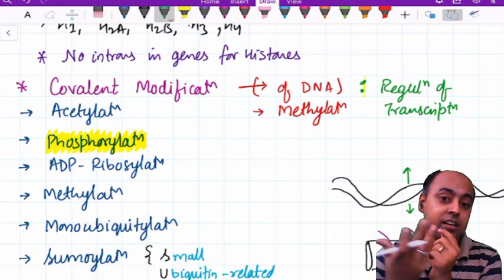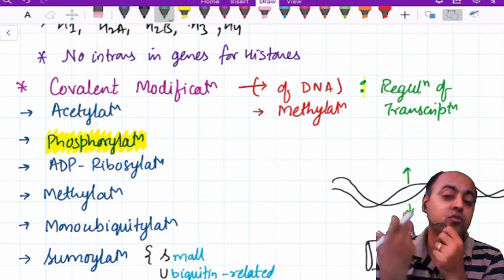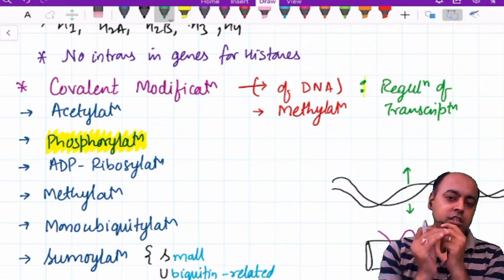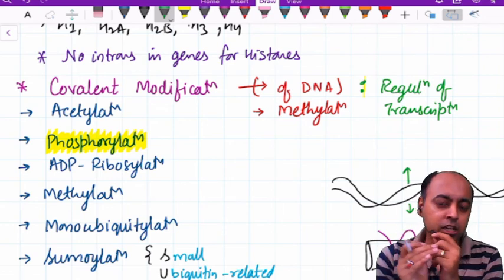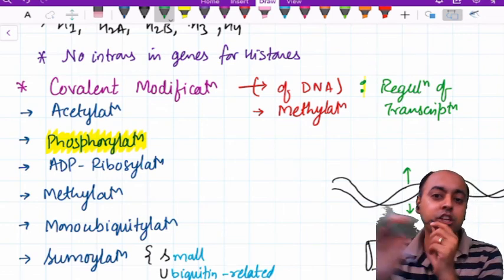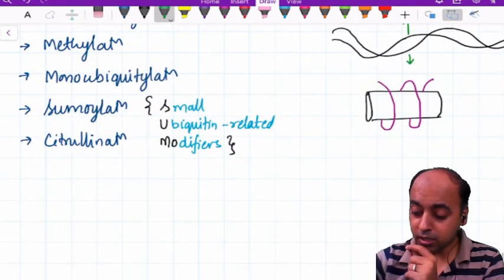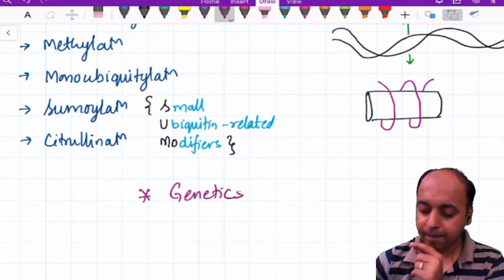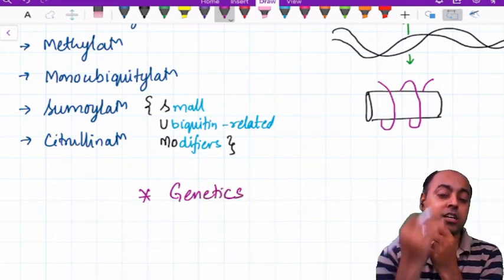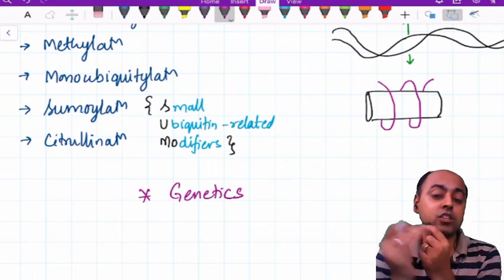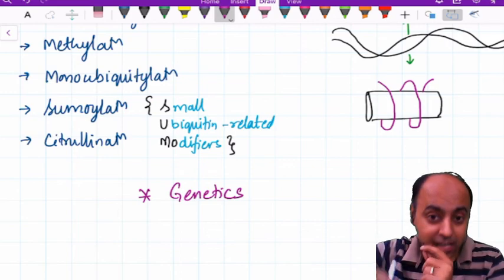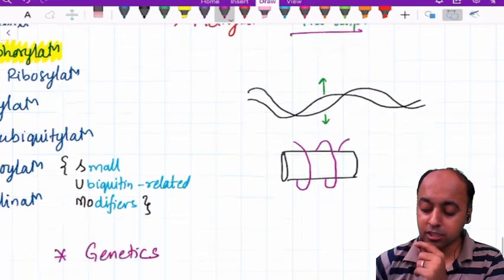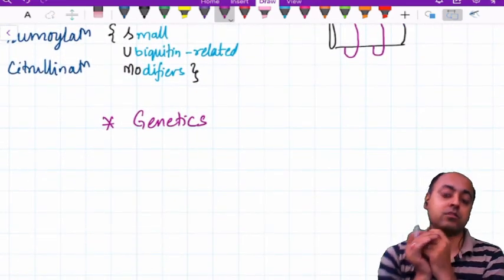Now this is very interesting and different from what we traditionally know. What we traditionally know is that all the information related to the DNA, RNA and protein is contained in the sequence of the nucleotides. We call it the genetic information. The information contained in the sequence of nucleotides is the genetic information. But here, the covalent modification which is able to regulate the transcription is not a function of the sequence of nucleotides.